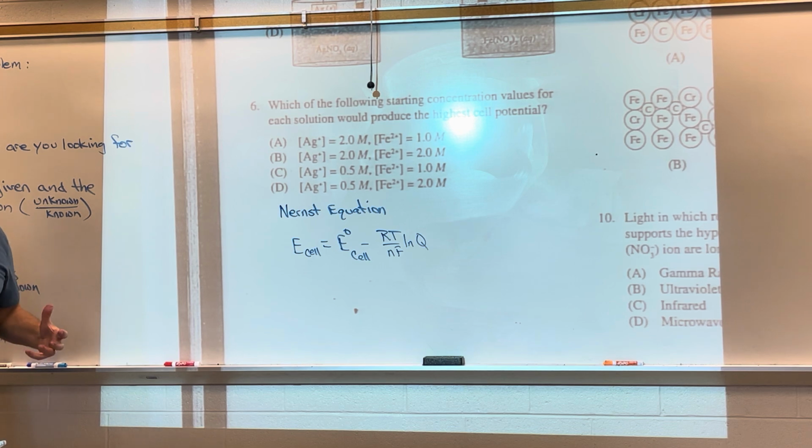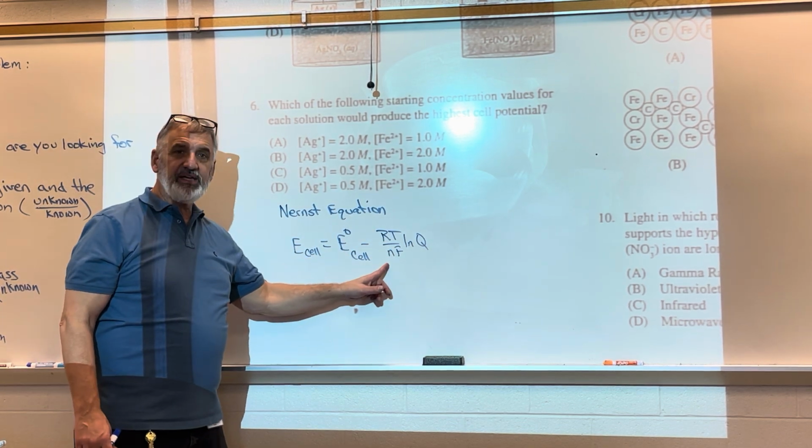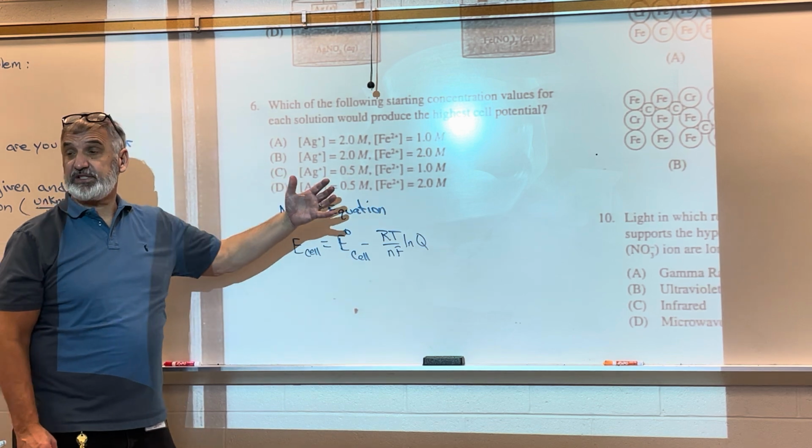Okay, now for a multiple choice question, you don't really have to be able to plug values into this. But what do you think R is? That's your gas constant. Okay, temperature is Kelvin. What's n? Moles. And in this case, it's total moles transferred.